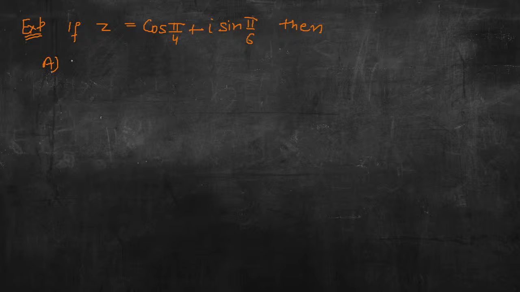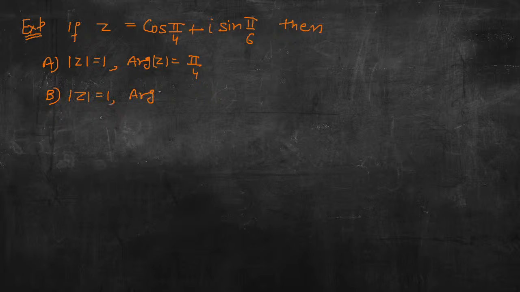Option A: modulus of z is equal to 1 and argument of z is equal to pi by 4. Option B: modulus of z is equal to 1 and argument of z is equal to pi by 6.